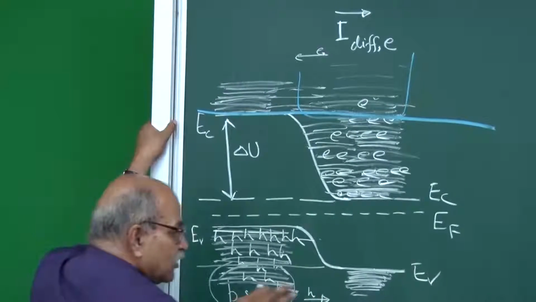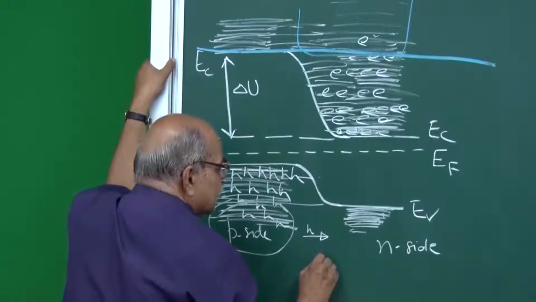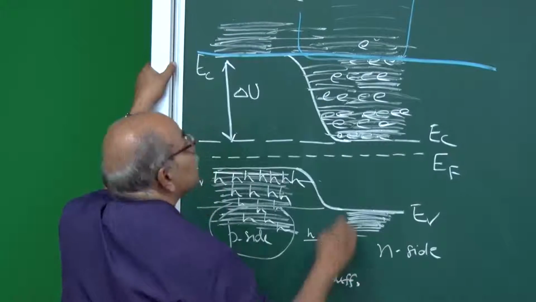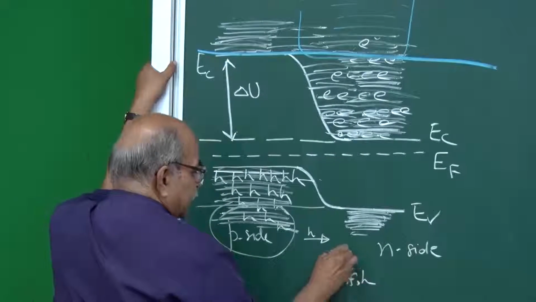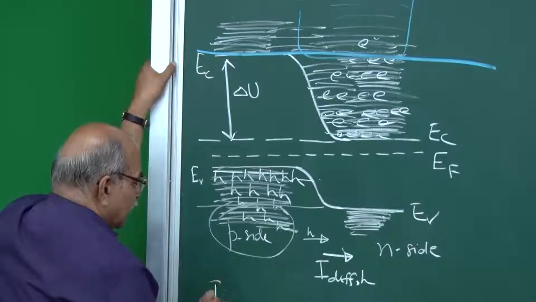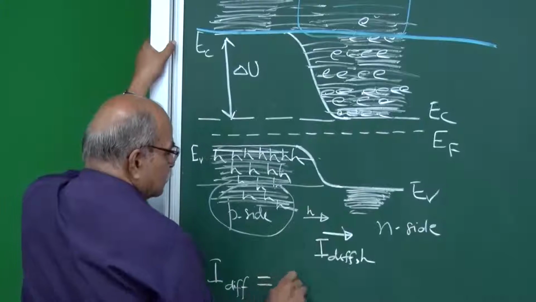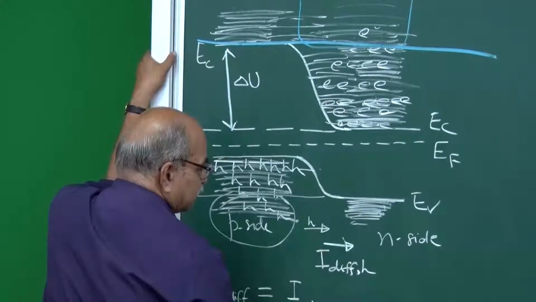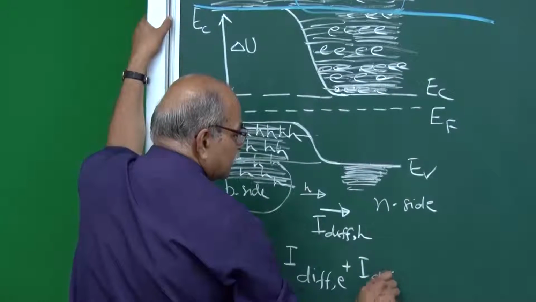And here, because of holes going this side, you again have a diffusion current. You can call it I diffusion because of holes, and the direction is once again the same. And so you have I diffusion, which is equal to I diffusion because of electrons plus I diffusion because of holes.